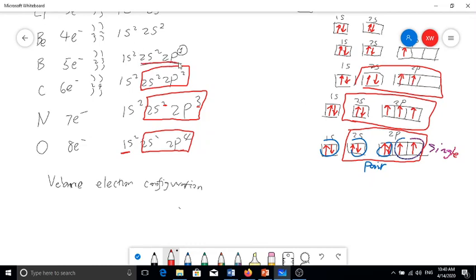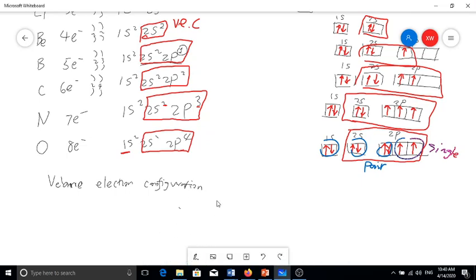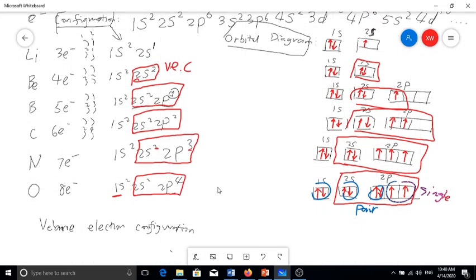Boron has a valence electron configuration of 2s2, 2p1, 3 electrons, 1 pair, 1 single. And beryllium has 2 valence electrons, and these are all valence electron configurations. There's only 1 pair for beryllium. So we've learned how to draw the electron configuration and orbital diagram, and how to identify the valence electron configurations.